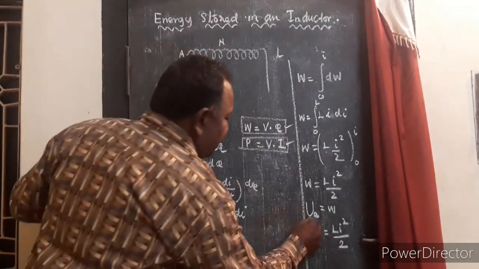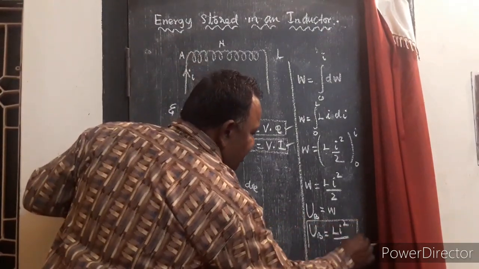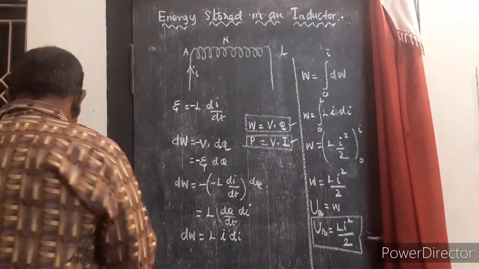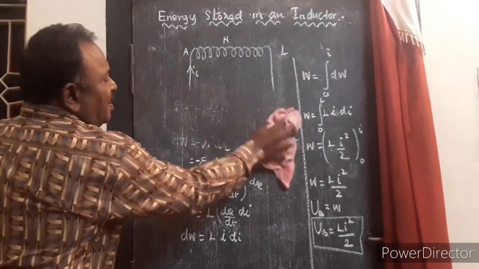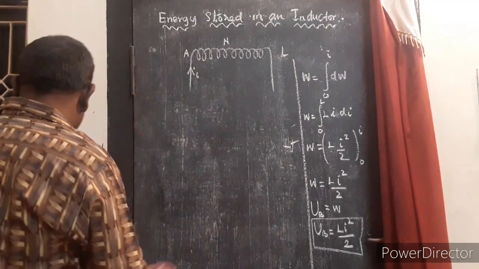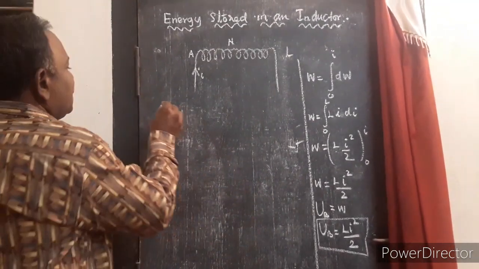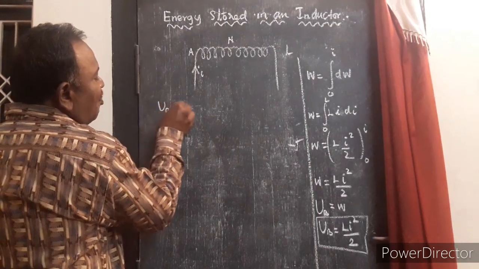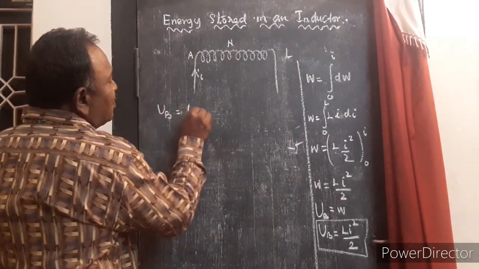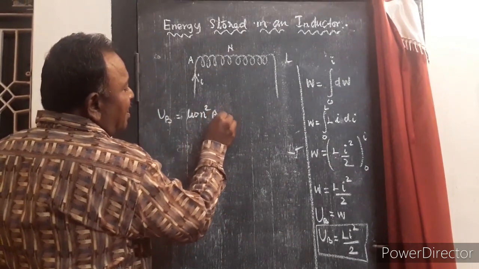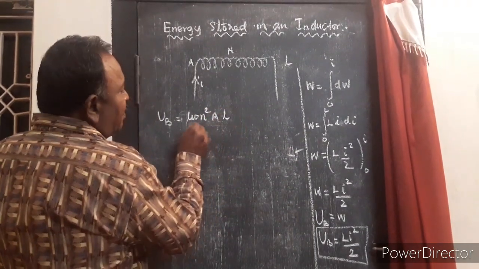This is the potential energy of an inductor. Substituting the value of L, we get mu naught N square A l by 2.